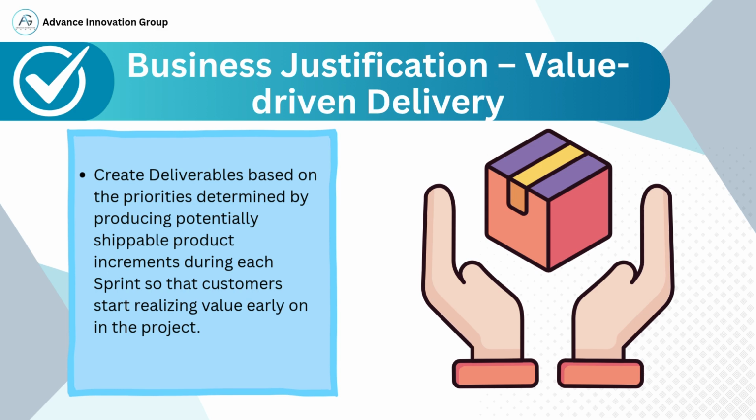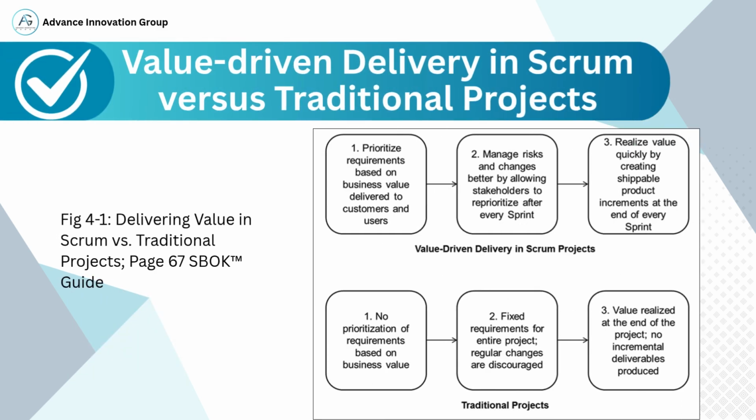These increments reflect the highest priority requirements, ensuring that customers start experiencing real value even in the early stages of the project. This approach not only builds customer confidence, but also allows for quick adaptation and better decision-making throughout the project lifecycle. This figure compares how Scrum and traditional project management approaches deliver value.